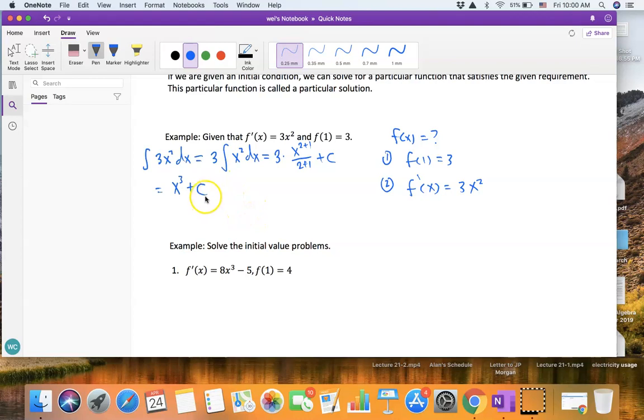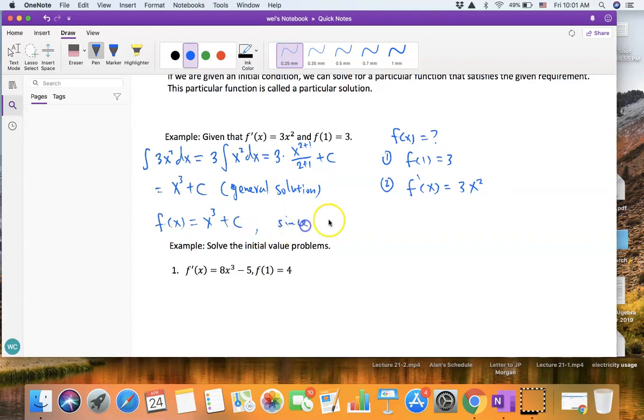Okay. Now what we have is only a general solution, because we still don't know what the c is. And then we can use this initial condition to determine this c, because it says when x equals 1, the function value is 3. So right now the function is this, right?